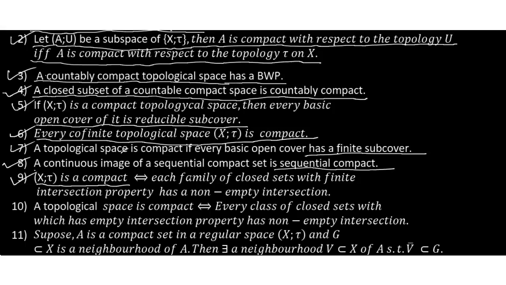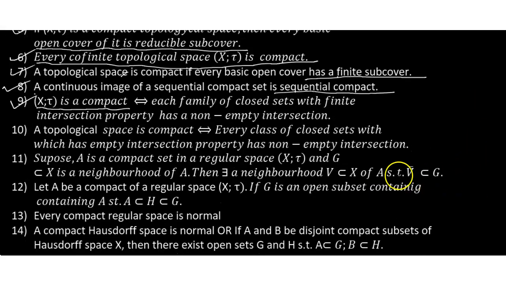A topological space is compact if every class of closed sets which has the finite intersection property has non-empty intersection.